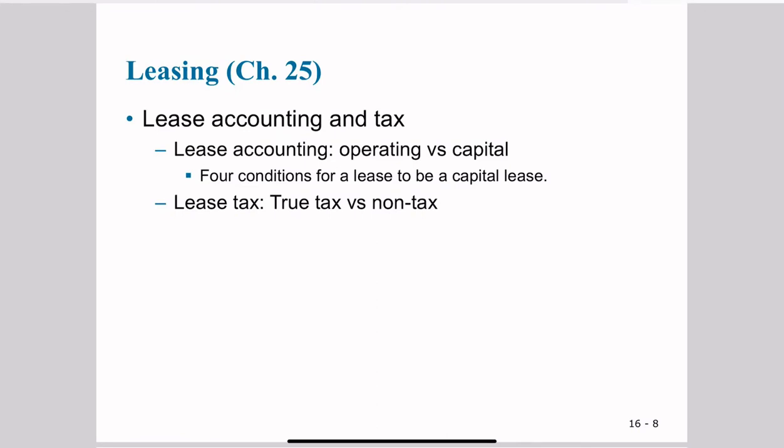And then what else? Oh, your income statement, right? So you will have depreciation from this leased asset, and the interest portion of the lease payments will serve as your interest expense, right? So this will change your earnings.